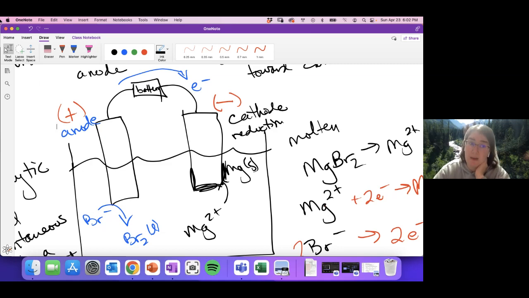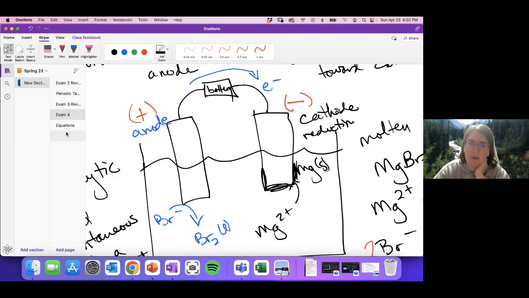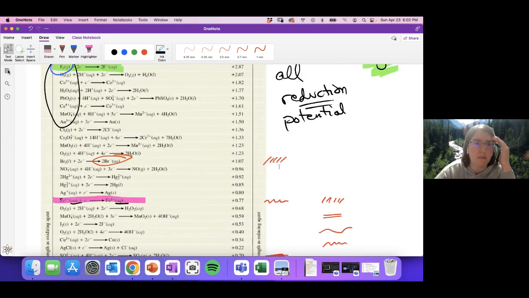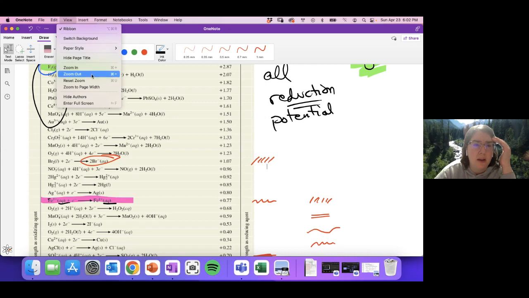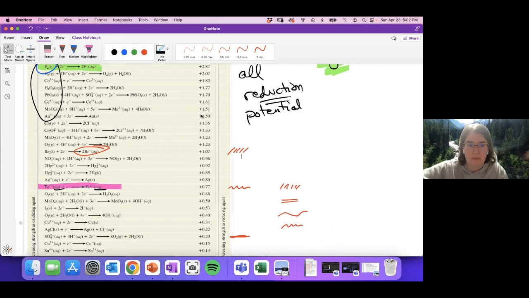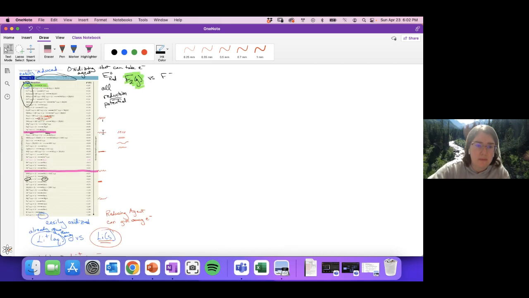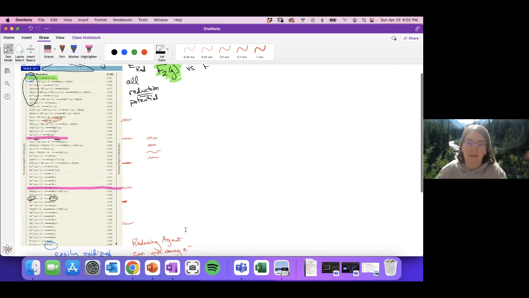So when you look at the table, which I don't think I made small enough to do this, but you can kind of see when I scroll, or I could zoom. So my bromine reaction's actually here, and my magnesium reaction's down here.